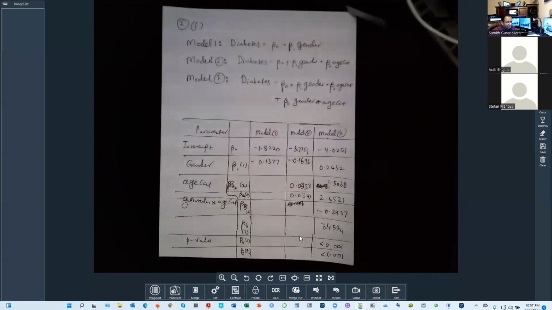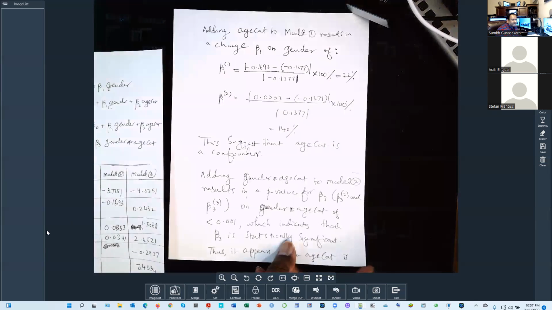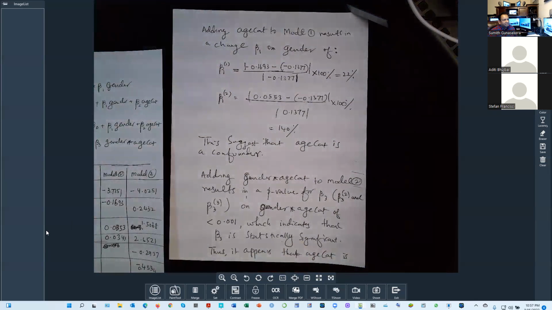And their values. Then when you have gender and age cat, and everything together, you have beta naught, beta 1, beta 2, beta 3, all these and the p values. And if you look there, adding age cat to model 1, how much is the change in beta 1 on the gender, this much.